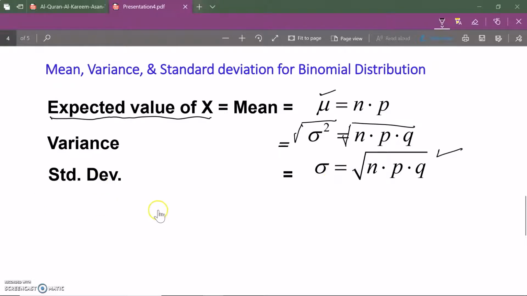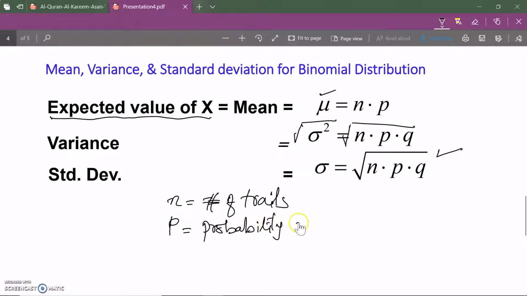But let's first understand what these symbols are. What does n stand for? In a binomial experiment, n stands for the number of trials. What is p? P is the probability of success. And what is q? Q is the probability of failure.